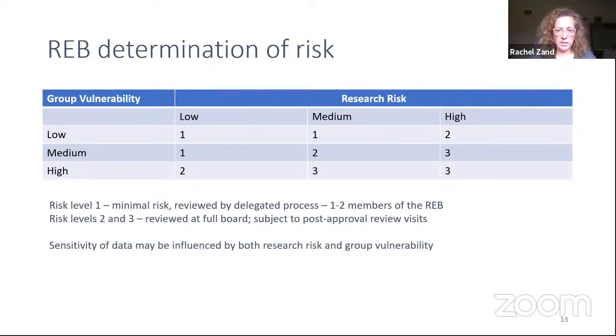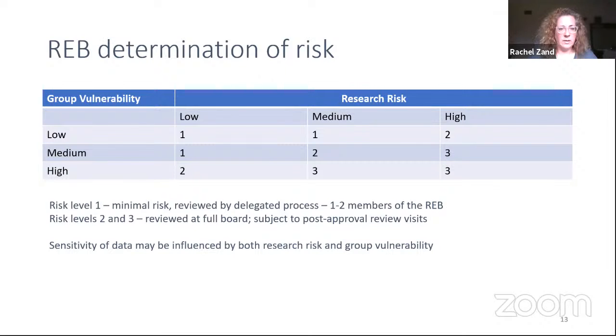So if you're asking questions like, please describe your most horrible moment in your life, that could potentially be emotionally or psychologically risky. And then we look at things like the social risk of the research to that individual. Is there stigma attached to that type of research? And then we look at any kinds of legal risks or financial risks to the individuals or to the communities that would be attached to the research.